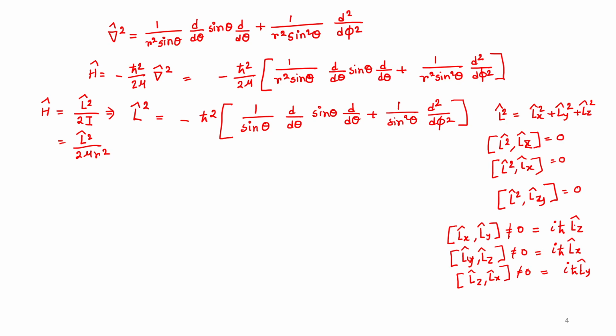There is nothing special, but there is a pattern, and by that you can remember these things. I'm not sure if I mistook the minus sign. I don't think there is a minus sign, but if there is, please check the notes. What I'm trying to say is that they don't commute, and hence we can't measure them simultaneously.